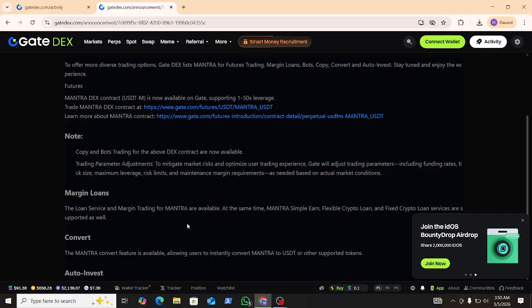Margin loans: the loan service and margin trading for Mantra are available at the same time. Mantra simple or flexible crypto loan and fixed crypto loan services are supported as well.